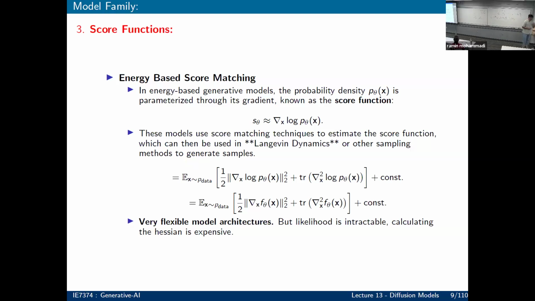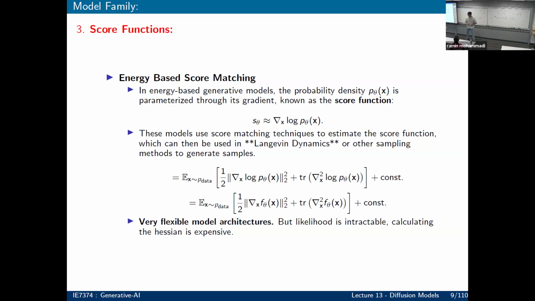One thing we saw about this energy-based score matching was that after we simplified it, we reached this term. The problem with this term was that you have a gradient and you have a Hessian, and this is expensive to calculate.